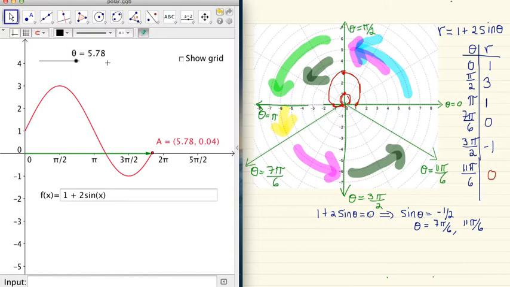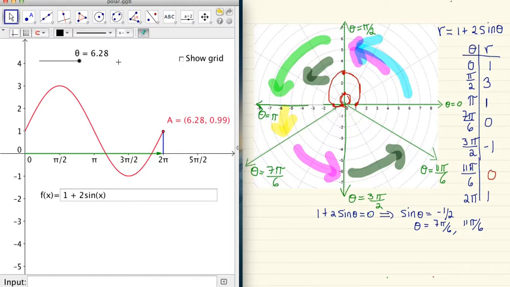And then finally, the rest of quadrant 4 has positive r's, and that'll end at theta equals 2 pi. And r will be then 1. So that gets me actually back to where I started, right? That's this point over here.